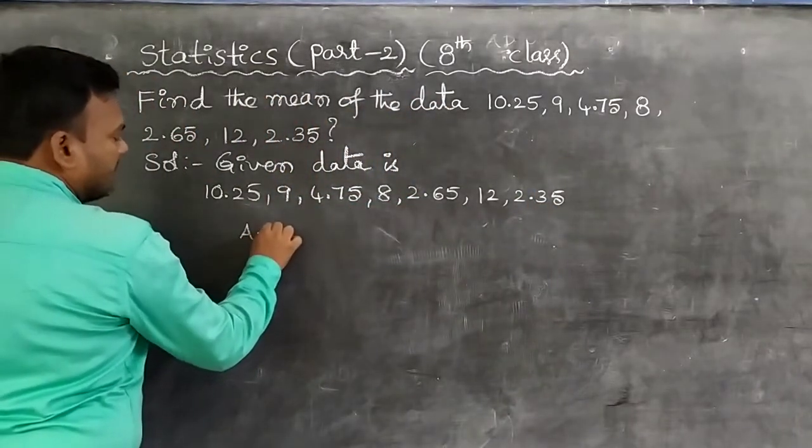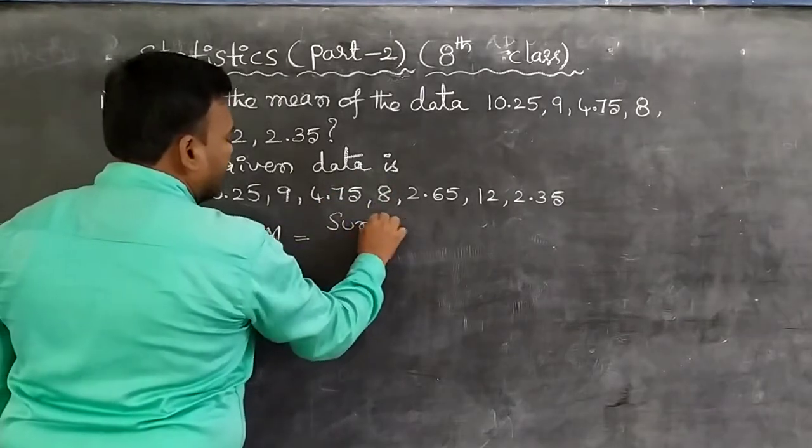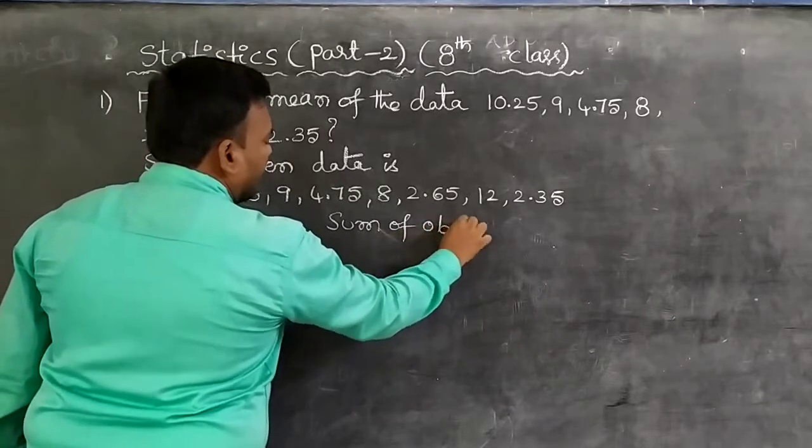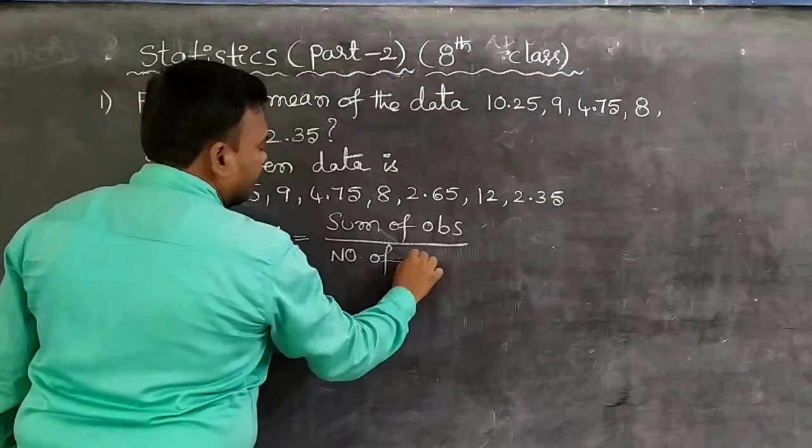Let us go for the formula. Arithmetic mean, simply written as AM, equals sum of observations by number of observations.